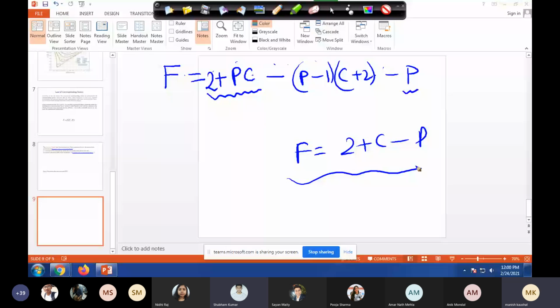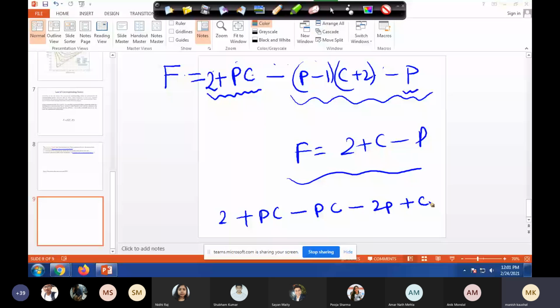This we have total number of equations. Are we getting it? Just check. Or 2 plus PC, and then if you open it, minus PC minus 2P, and then minus plus C plus 2 minus P. What is getting cancelled?